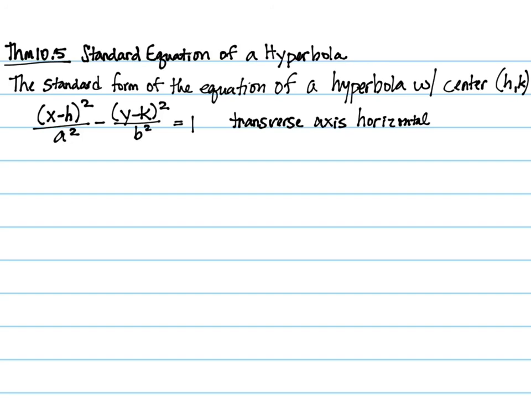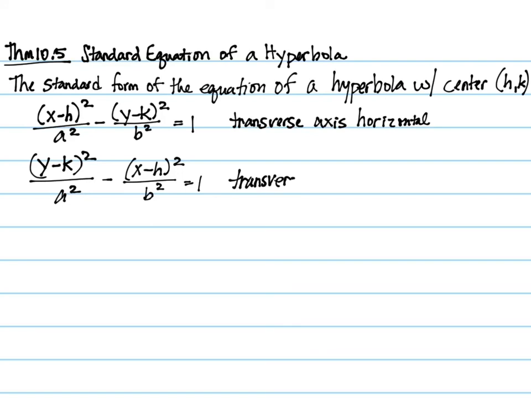The other form flips those 2 fractions, which is necessarily different because I don't have addition this time, it's subtraction. So I have y minus k squared over a squared minus x minus h squared over b squared equals 1. And when I do this, the transverse axis is what? Yeah. Transverse axis is vertical.